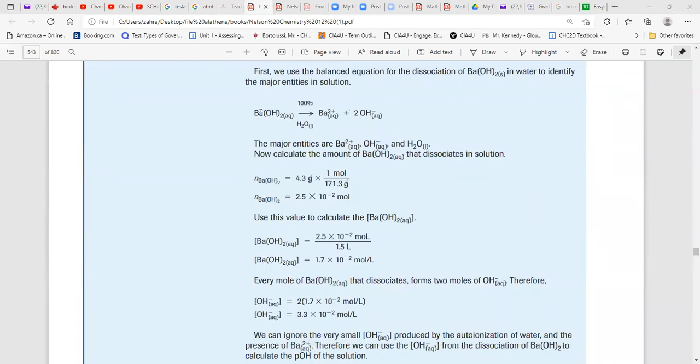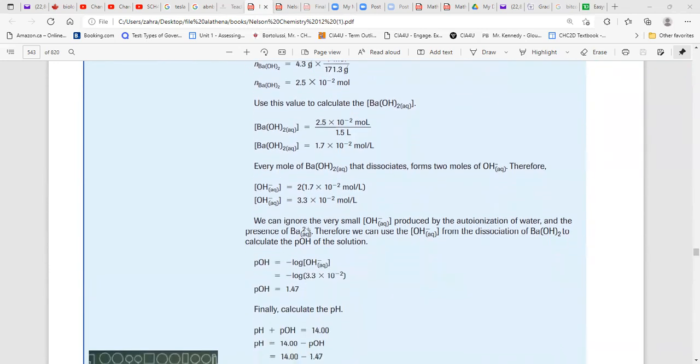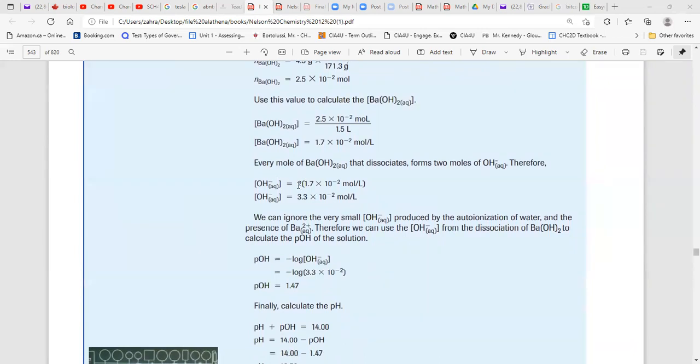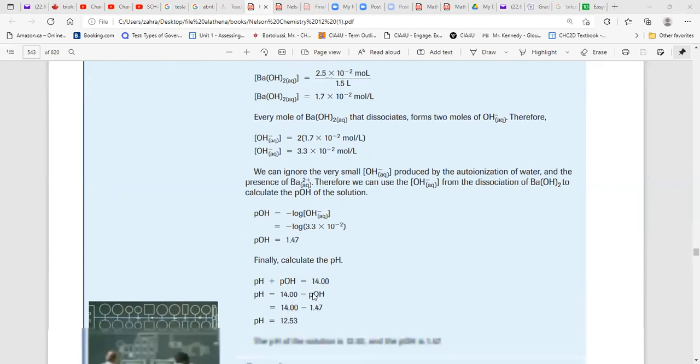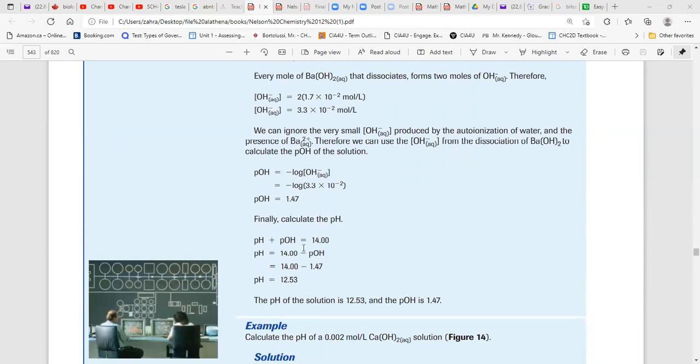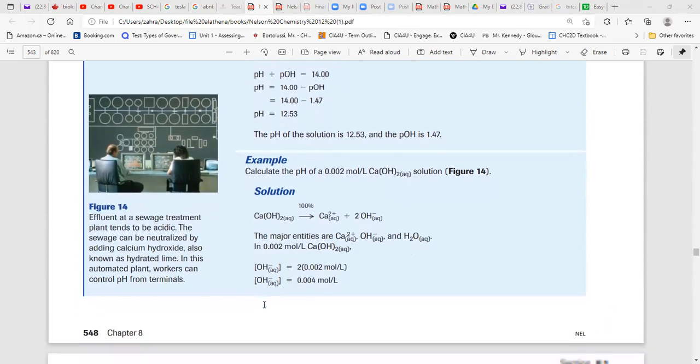It's just twice the concentration of the Ba(OH)2. pOH is negative log of the concentration of OH. The same way, you can use pH plus pOH is 14. Using pOH, rearranging for pH, gives you the pH.